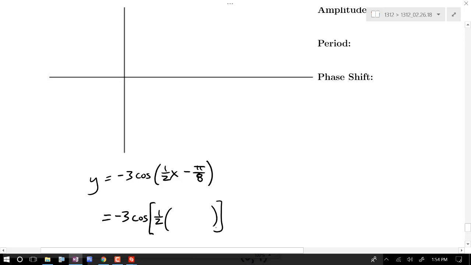Like I can't pull anything outside of the cosine function. That definitely is not kosher. But I could certainly factor within this expression as long as it all stays in the argument. So that's what I want to do. Now if I factor out the 1/2, definitely my very first term has to be x, right?